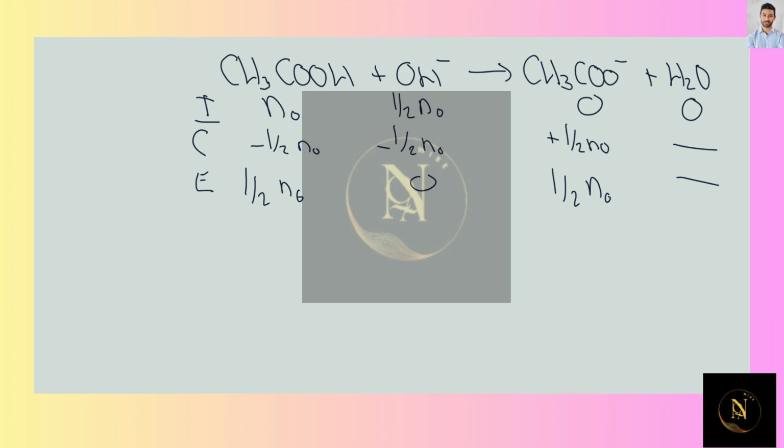Since the amount of mole is going to be the same, the concentrations are going to be the same. So the concentration of CH3COOH is going to be equal to the concentration of CH3COO minus.